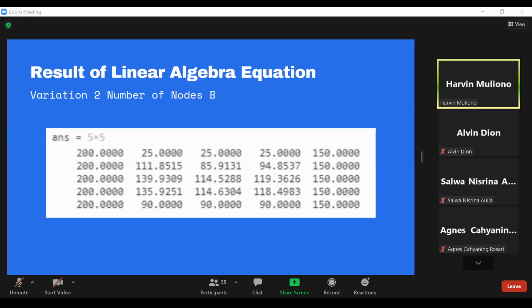So how about if we change the nodes to 5 times 5 with the same temperature boundaries? The increase and decrease is quite rough, rougher than the previous slide. But basically it's the same: from bottom to the upper side the temperature decreases, and from left to the right side the temperature also decreases.